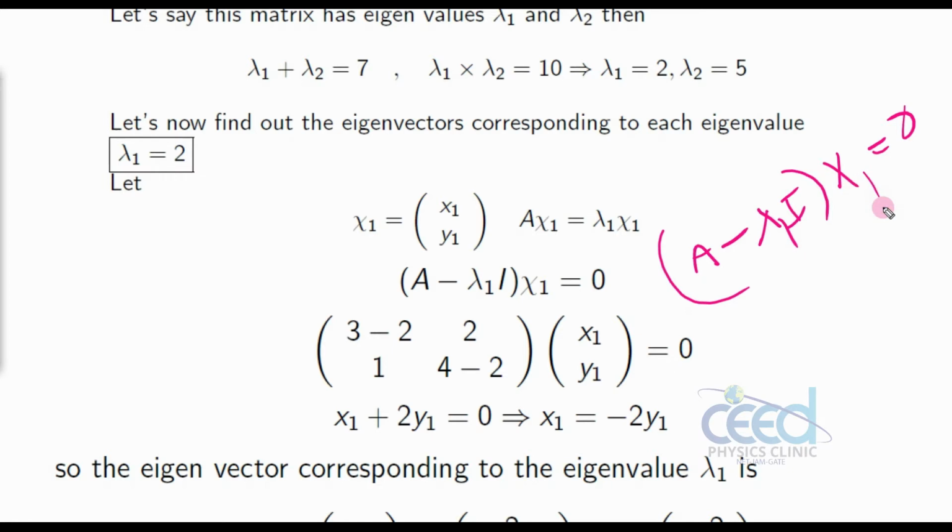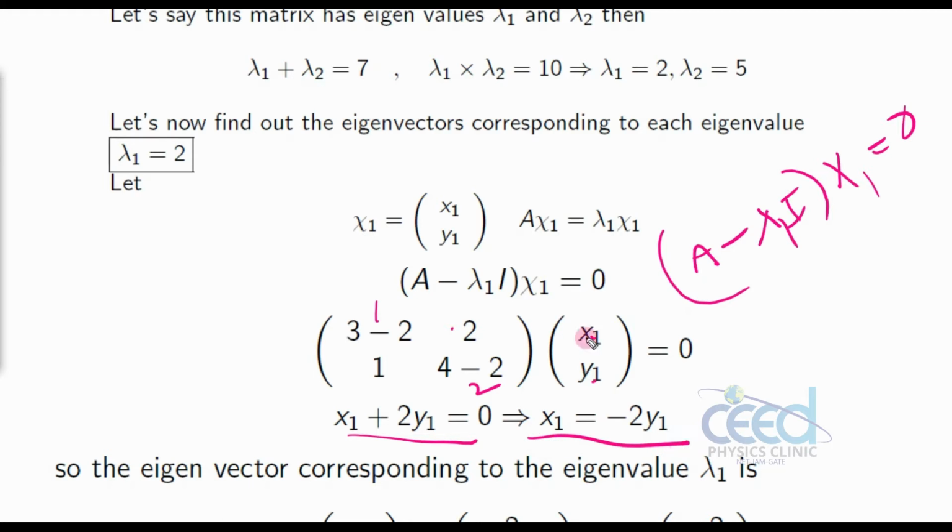So with eigenvalue 2, I can write 3 minus 2, 2, 1, 4 minus 2 into x1 y1 is equal to 0. From it I can write x1 plus 2 y1 is equal to 0. That represents x1 is equal to minus 2 y1.